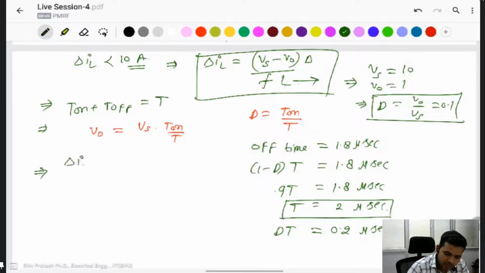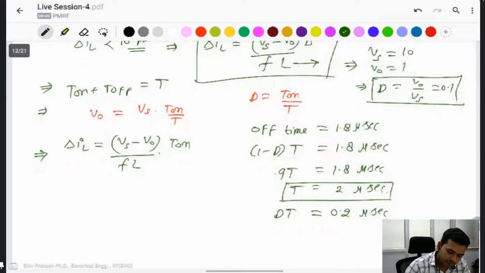Then apply delta IL. Delta IL is equal to Vs minus V naught divided by FL, into T on. Delta IL is not much, the 10 ampere is given.